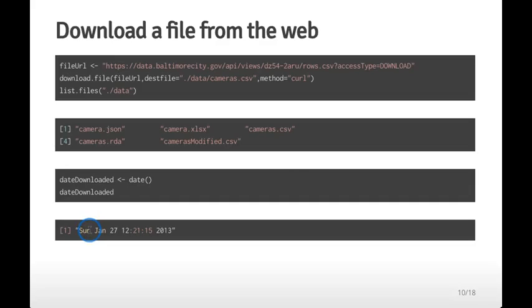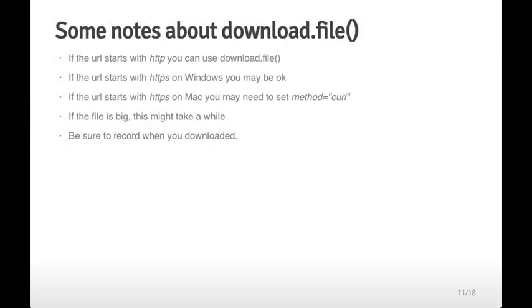This will be useful later. You can save this variable so that you can share with other people when you got the data, in case that they've changed. A couple of notes about download.file: as I mentioned, if it starts with HTTP, you should be able to use download.file without any sort of change to the parameters. You can use the defaults.